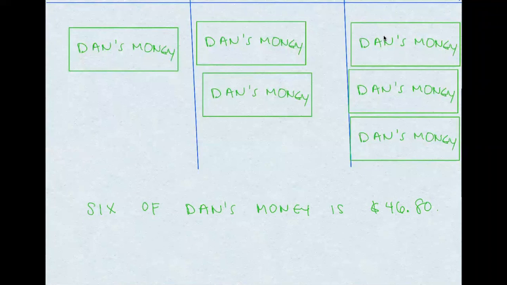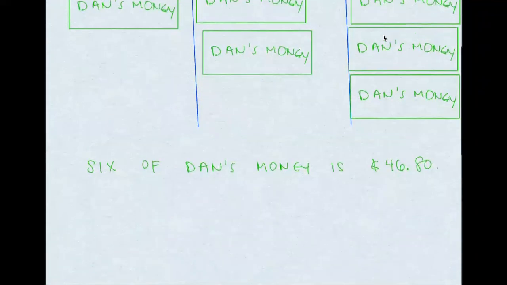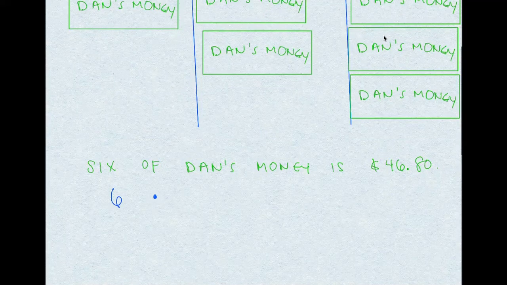Well, just translating this, 6 means the number 6. Of in this context means to multiply. Dan's money, you can use X here. You could use D for Dan's money. You can use M for money, whatever you want. You can even use a $ sign if you want.